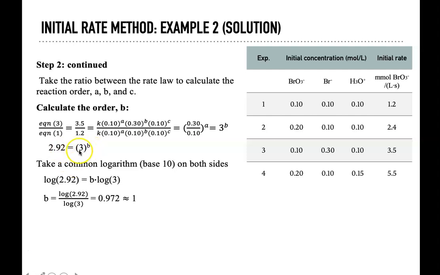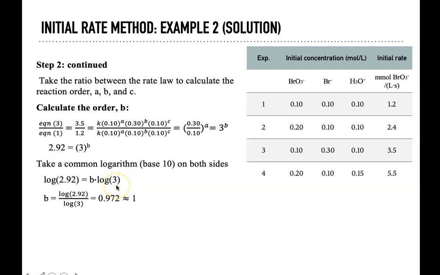In order to calculate this kind of exponential equation, we take a common logarithm on both sides. Then log 2.92 equals log 3 to the B. By the property of logarithms, we can take B out to the front. B times log 3.